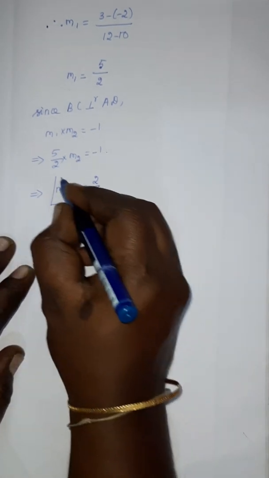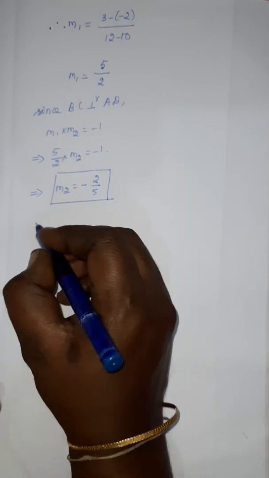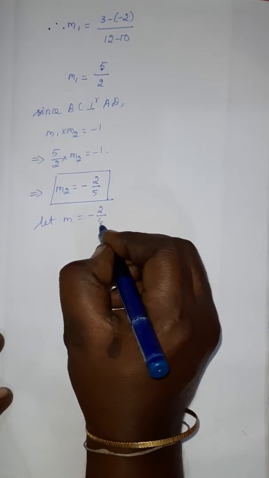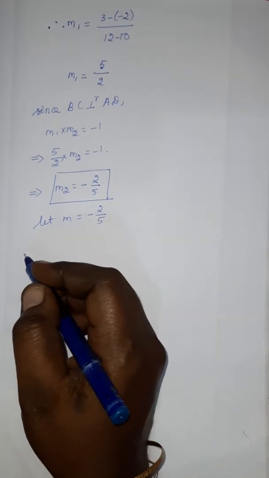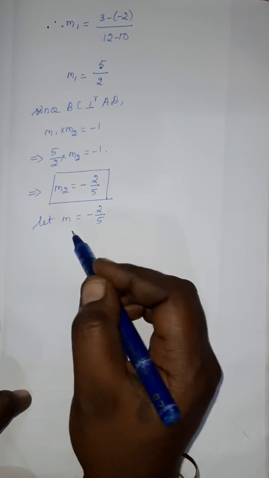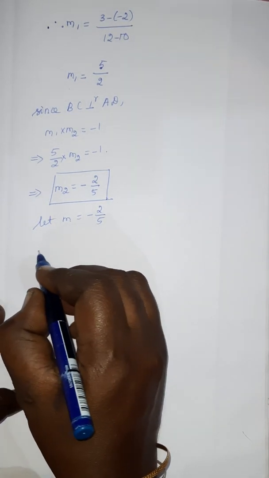This is the slope of AD. Let m equal minus 2 by 5. Now we can write the equation of the line using the slope formula.